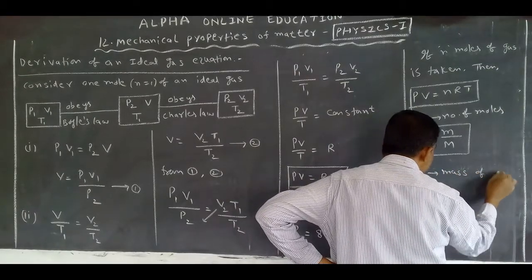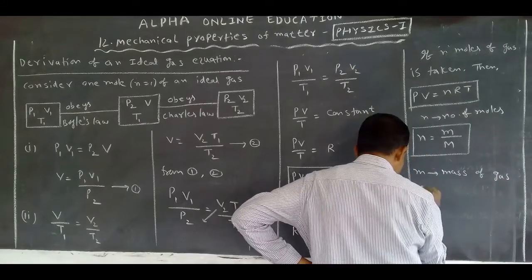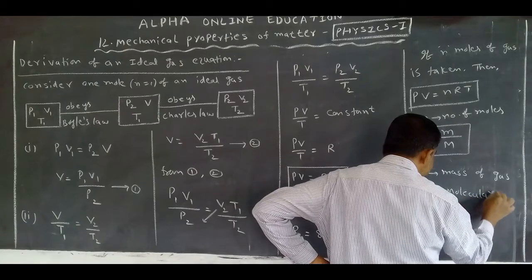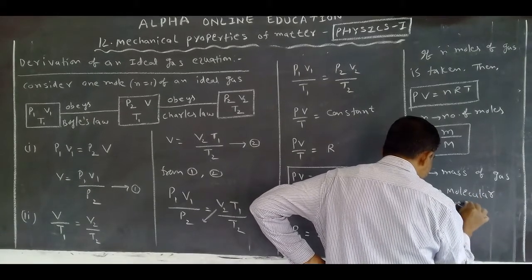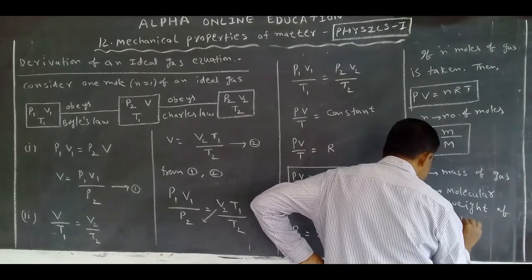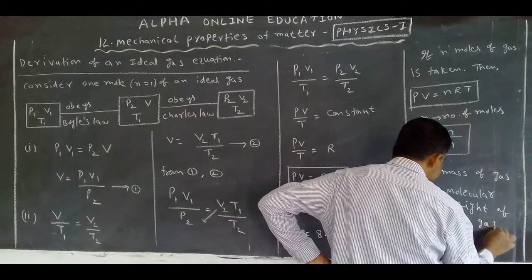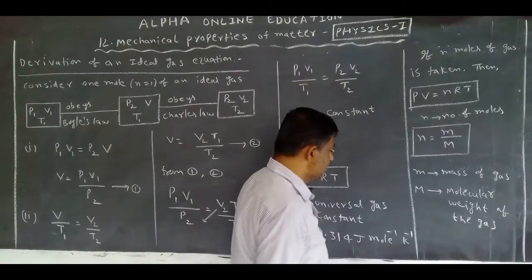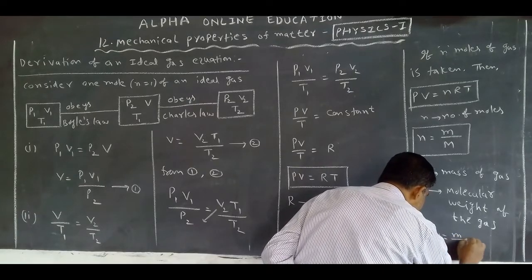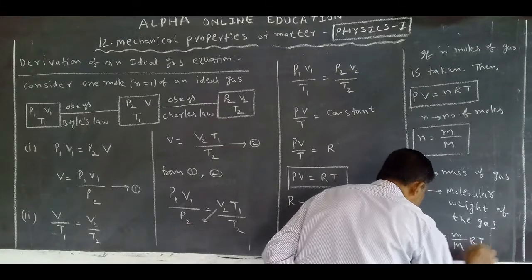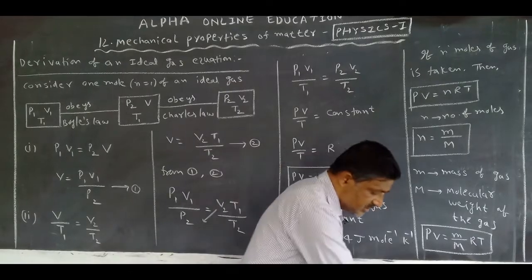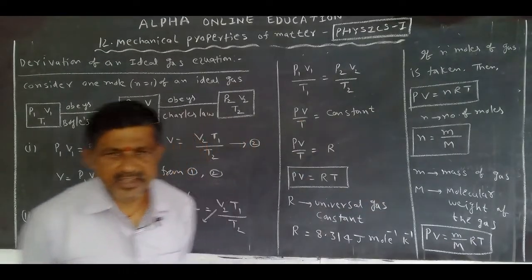Mass of gas. Capital M is the molecular weight of the gas. So we can write PV is equal to nRT. This is the derivation of the ideal gas equation.